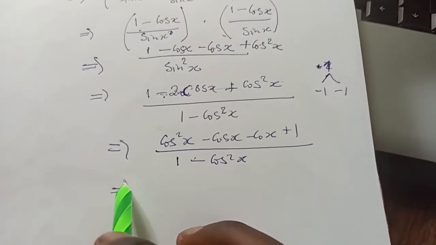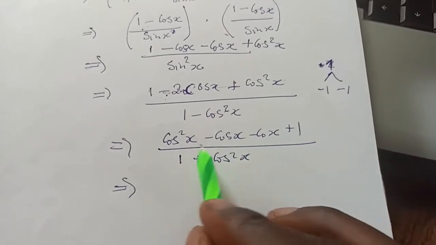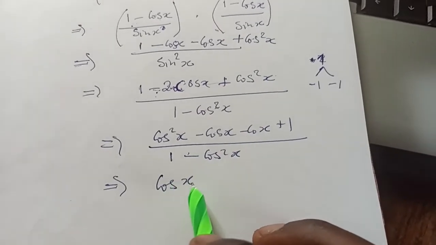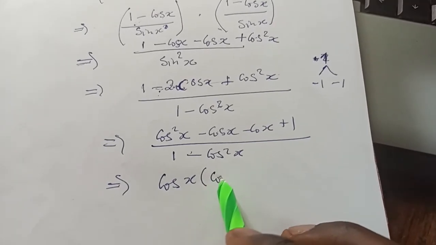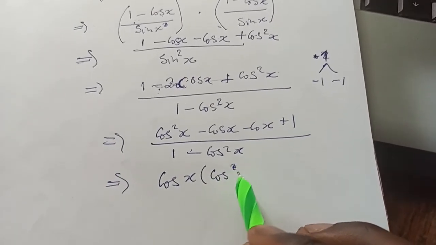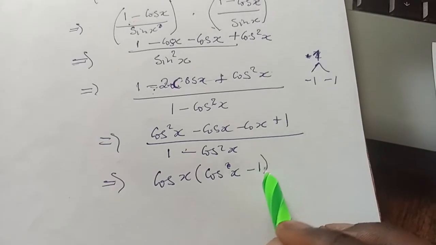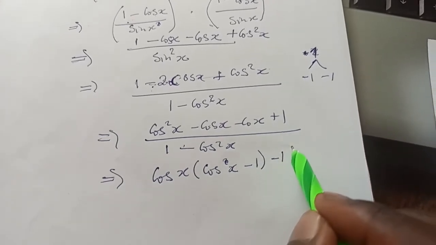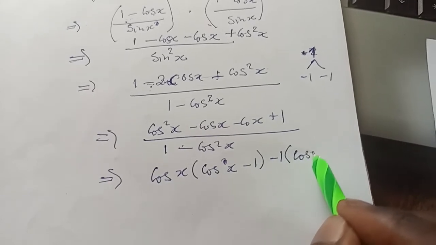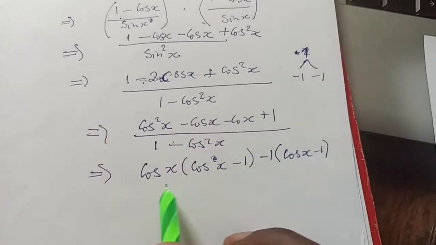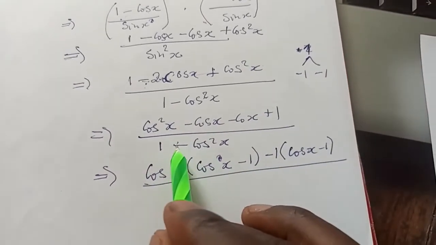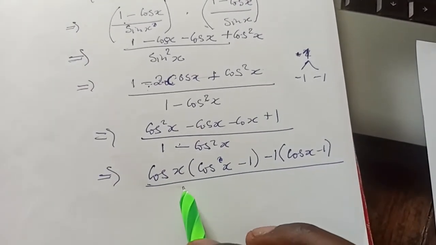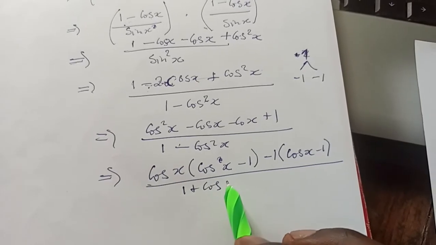So we have cos x − 1 times cos x − 1 over, the denominator is a difference of two squares, so it is (1 + cos x)(1 − cos x).